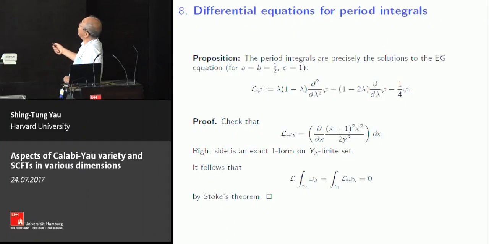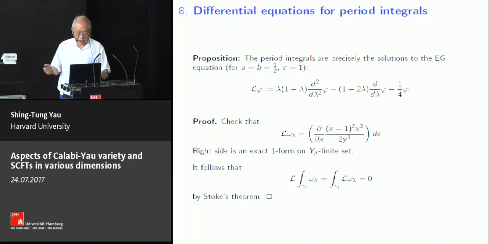And the period integrals are precisely the solutions to the Euler-Gauss equation defined here, because you just check that by looking at the integral, and you find out that you satisfy the equation when you're operating L on the omega lambda. On the integrand, before you integrate, you satisfy the equation already. Because it's exact, it's equal to 0.